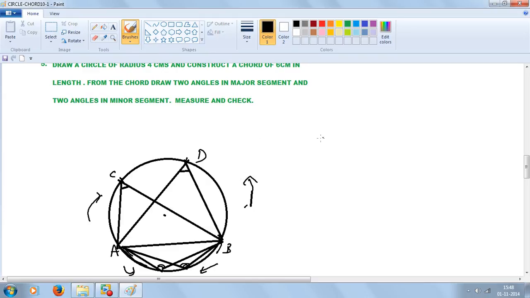So what do you expect? You will notice angle C is equal to angle D, and of course on AB, you take this point as E, the other point as F. Angle E is equal to angle F. You'll find this.